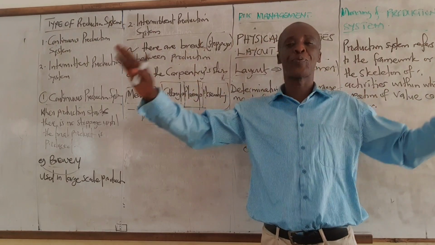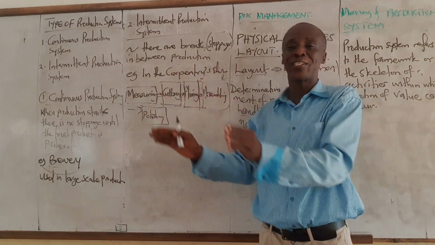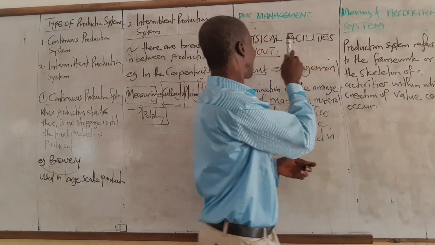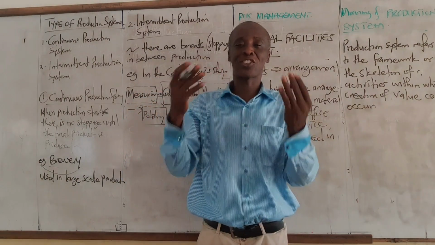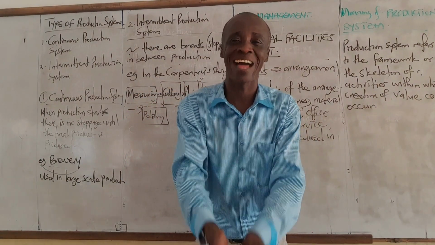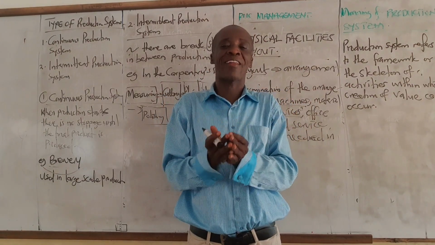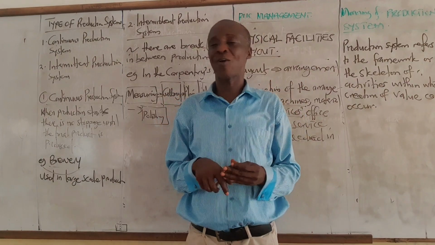If it is the open type, then they might have arranged the machines. Remember, that is why we learned about physical facility layout. So the men, the machines and everything has been arranged in order. So from this one, men will carry the material, whatever operation has been done, to another one.